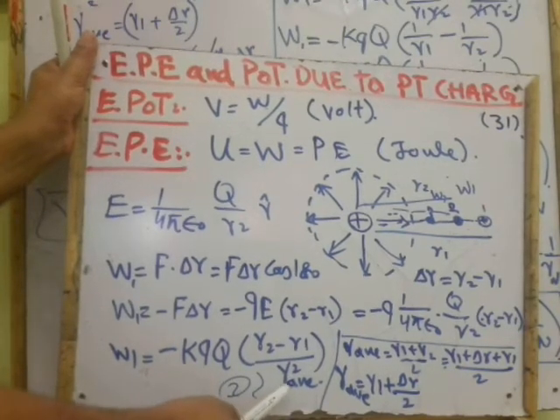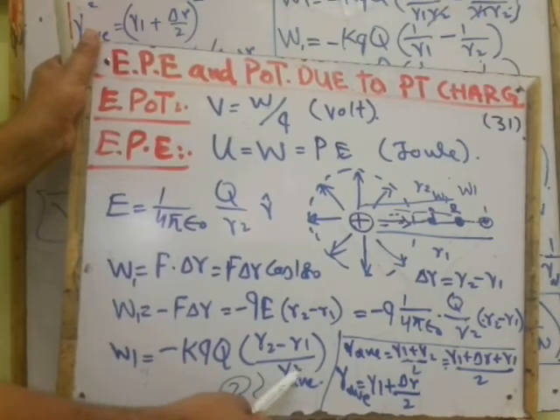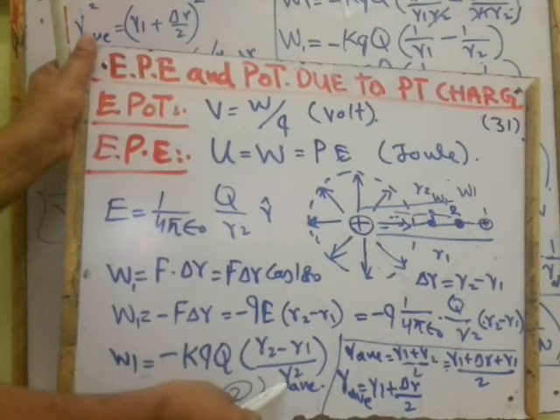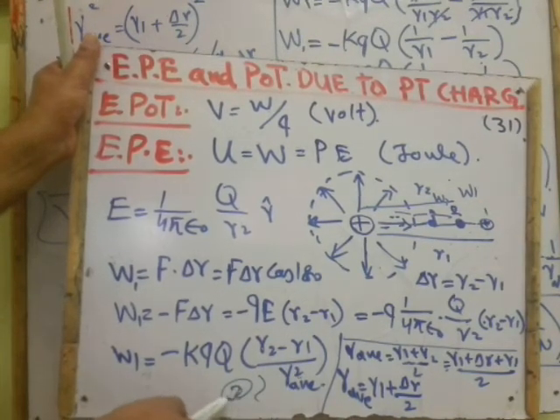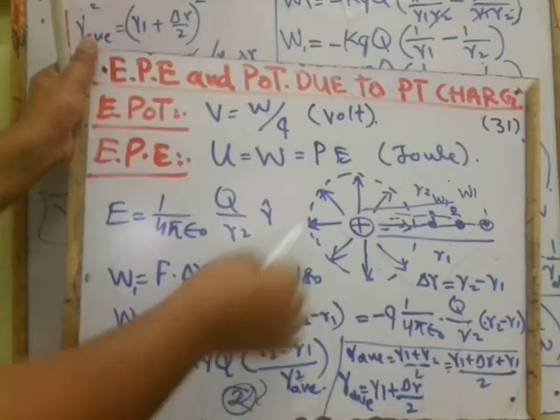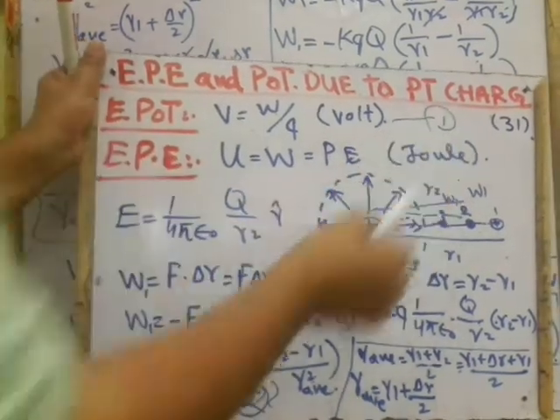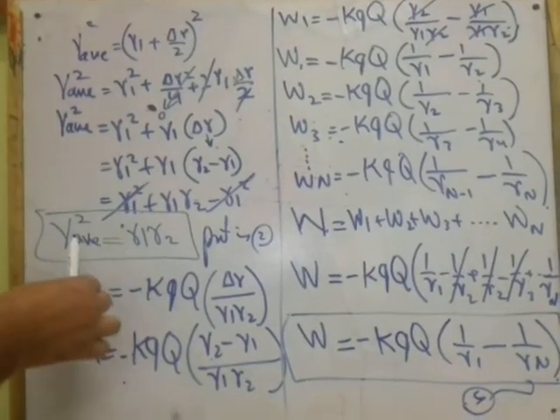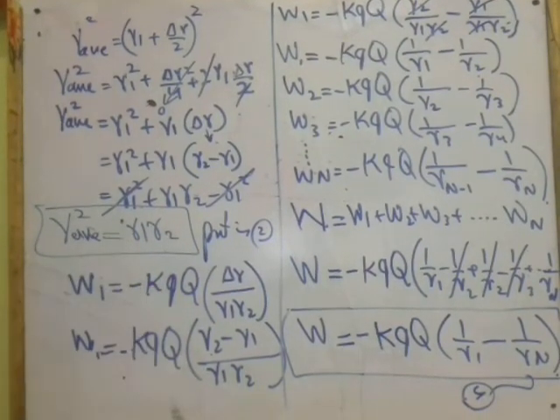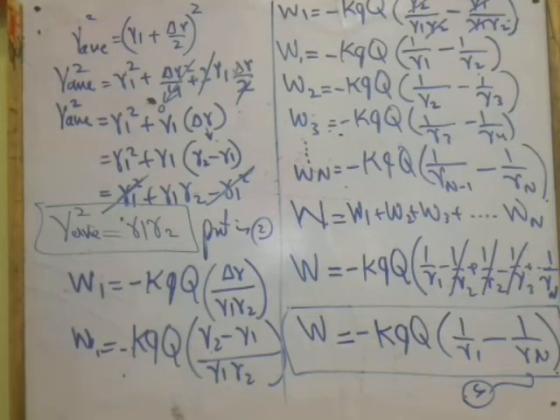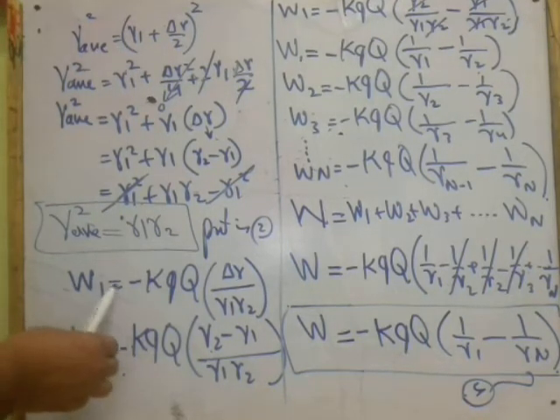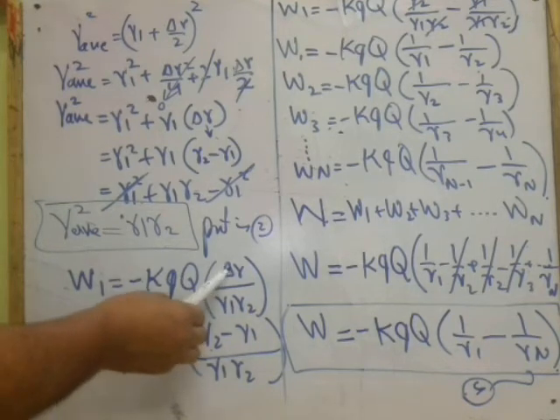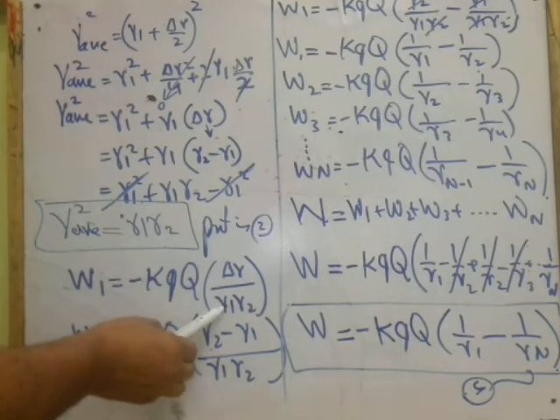Putting the value of R average square into this equation, we have W1 equal to minus K q capital Q, delta R divided by R1 R2.